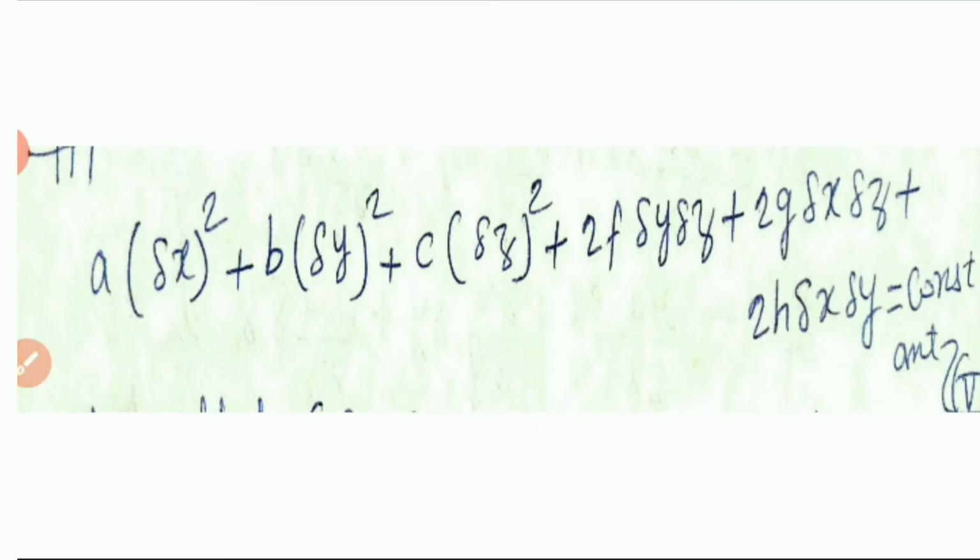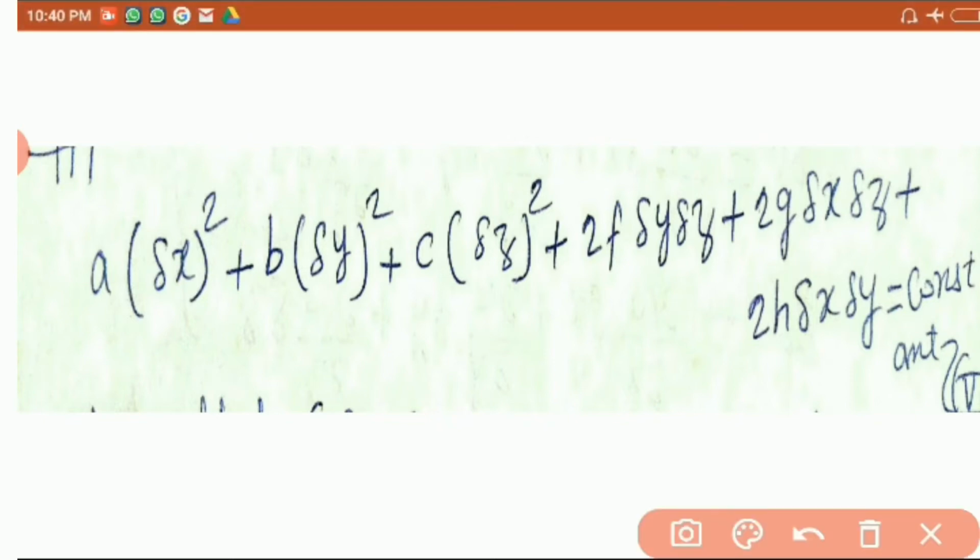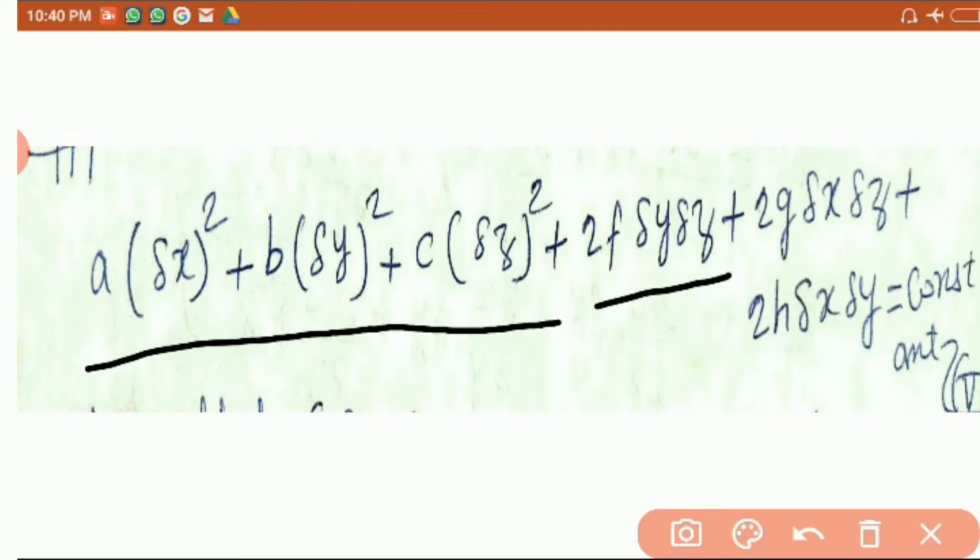Now consider this quadratic surface: A delta x square plus B delta y square plus C delta z square plus 2F delta y delta z plus 2G delta x delta z plus 2H delta x delta y is equal to constant.